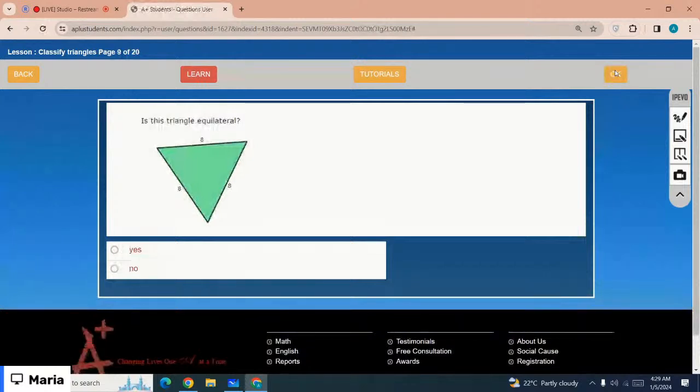Is this triangle equilateral? Yes or no? Yes, it is the equilateral triangle. The correct option is yes.